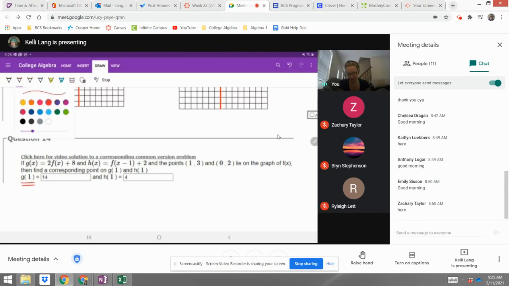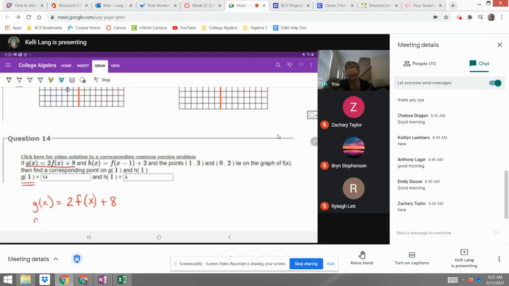So that means I'm going to start with g of x. I'm just going to rewrite g of x. So all I've done is taken this and rewritten it. Since I'm looking for g of 1, I'm going to plug 1 in here.